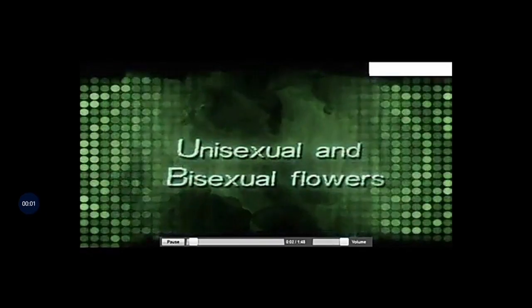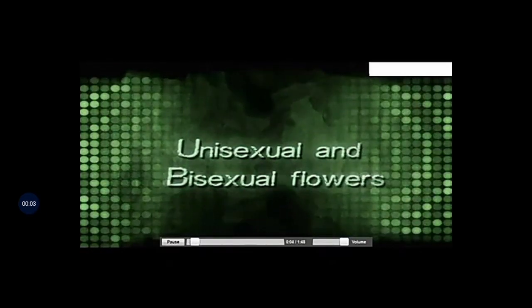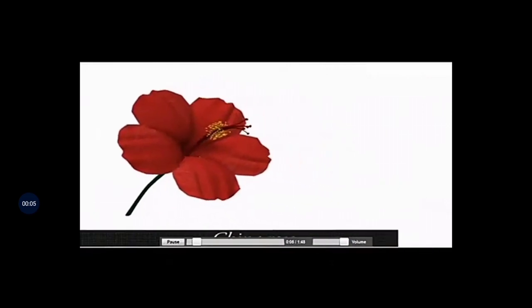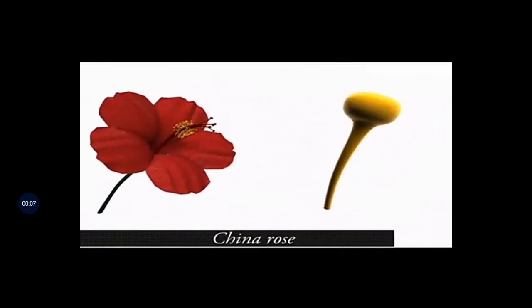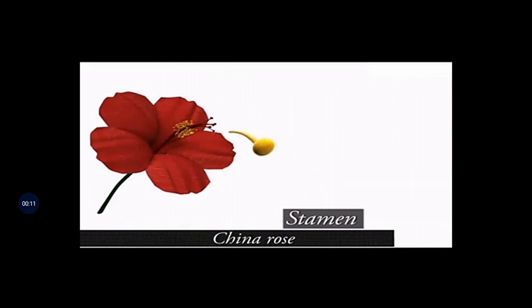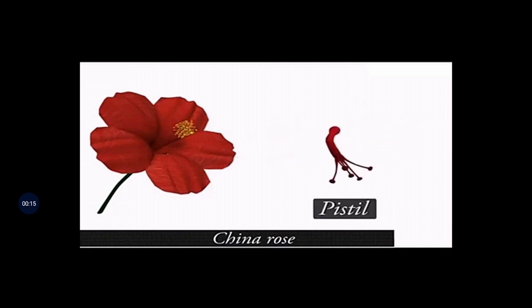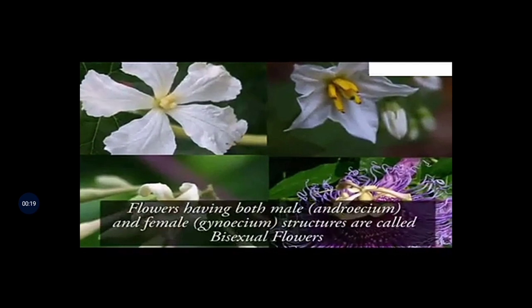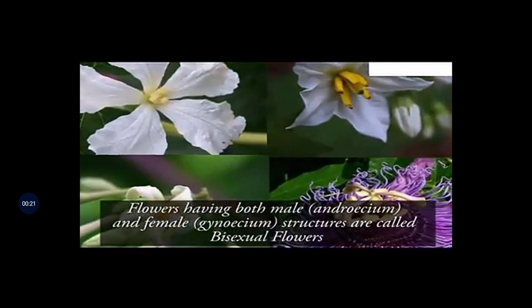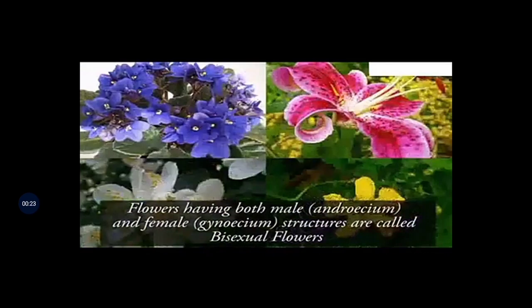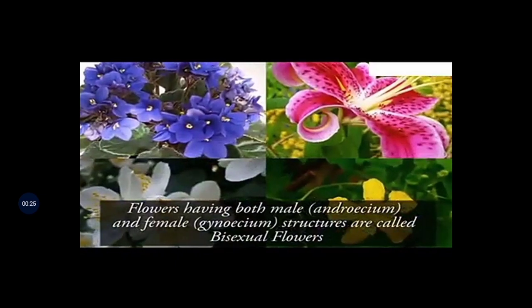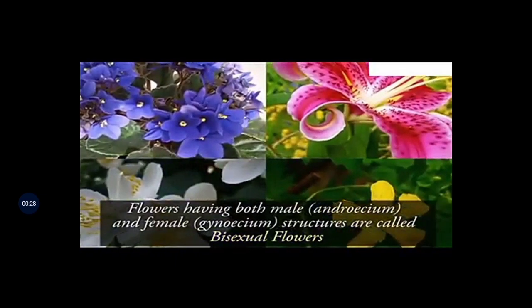Unisexual and bisexual flowers. You must have seen that the flower of China rose has both stamen and pistil. Such flowers in which both male, that is androecium, and female, that is gynoecium, structures are present, are called bisexual flowers.